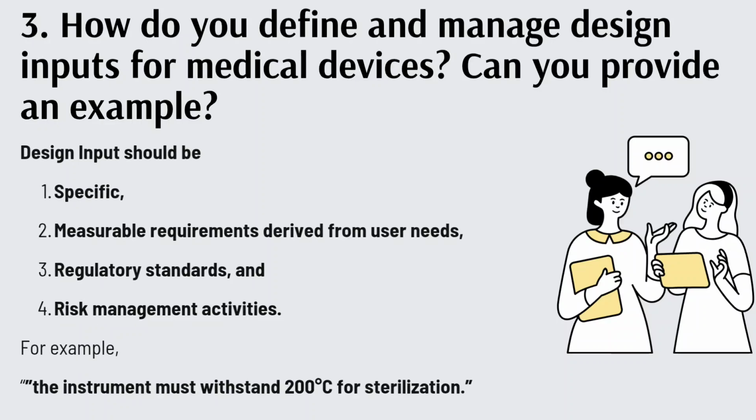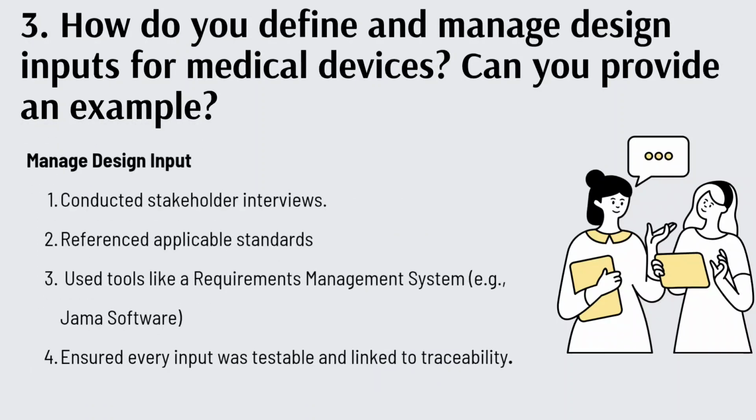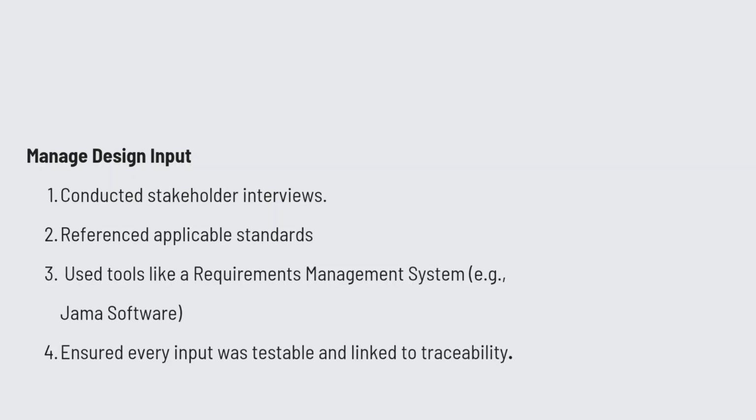To manage inputs, I conducted stakeholder interviews to understand user needs, referenced applicable standards like ISO 7153-1 for surgical instruments, used tools like a requirements management system, e.g., Jama software, to document and track inputs, and ensured every input was testable and linked to traceability.